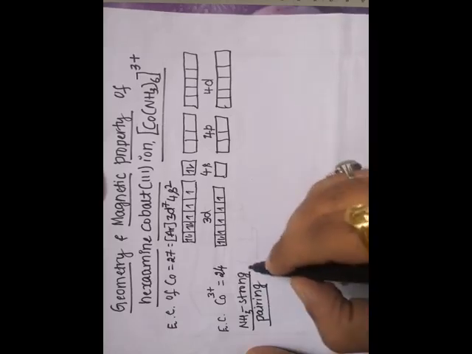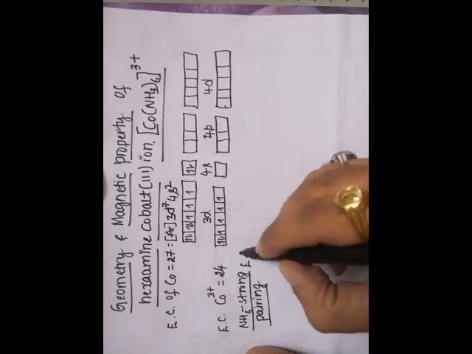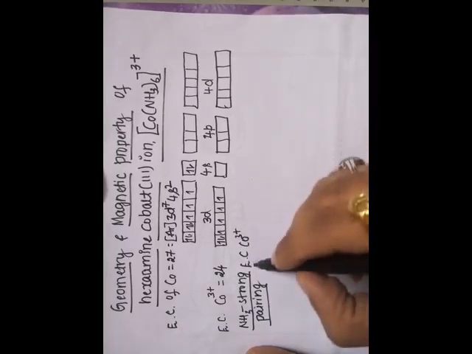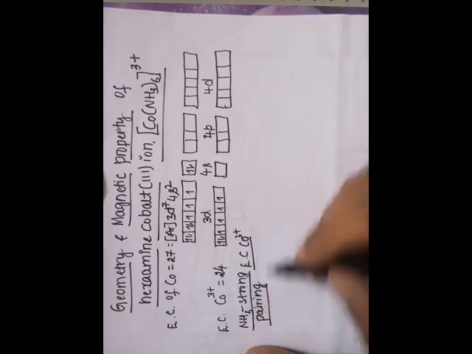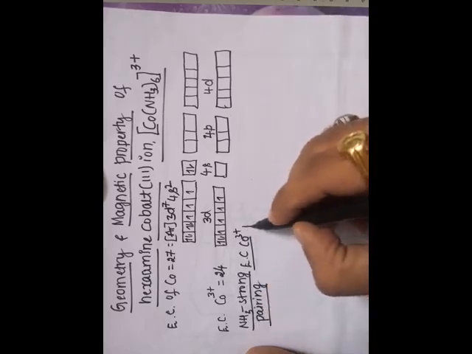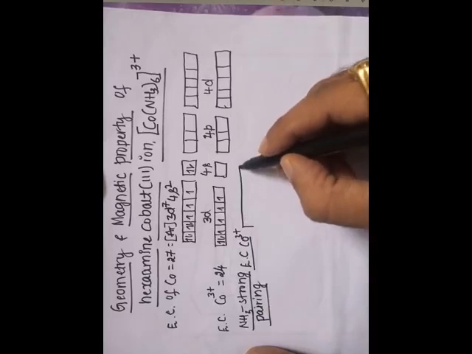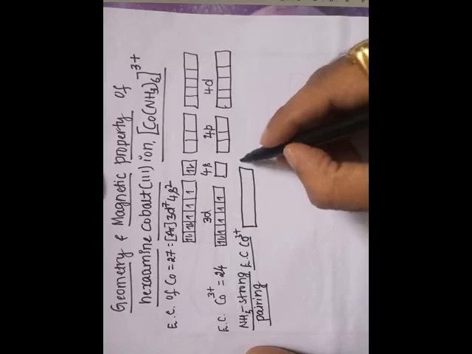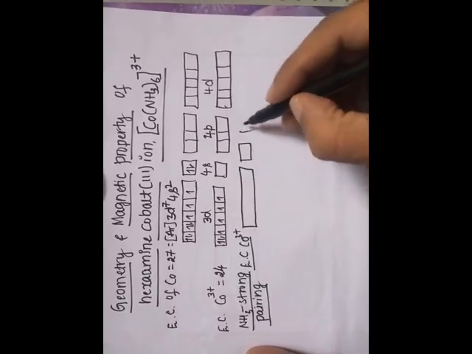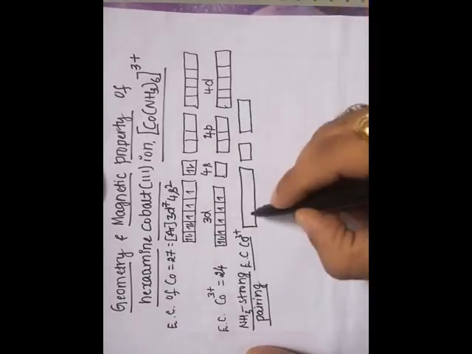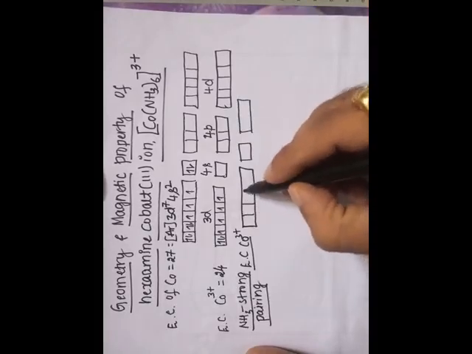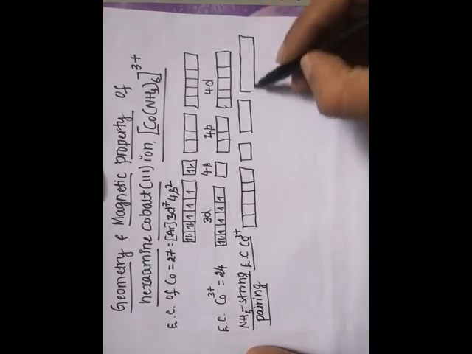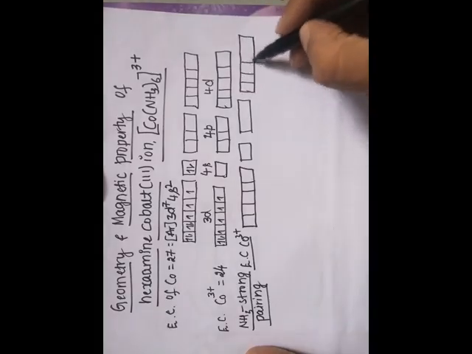Now the electronic configuration of the cobalt ion in the presence of the strong ammonia ligands. As you know, pairing takes place, so the unpaired electrons get paired up against Hund's rule of maximum multiplicity. Let us write the electronic configuration now.